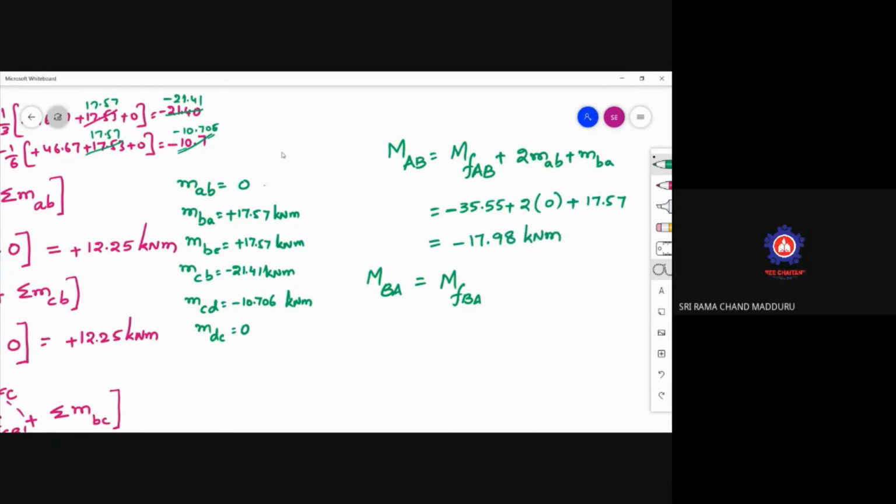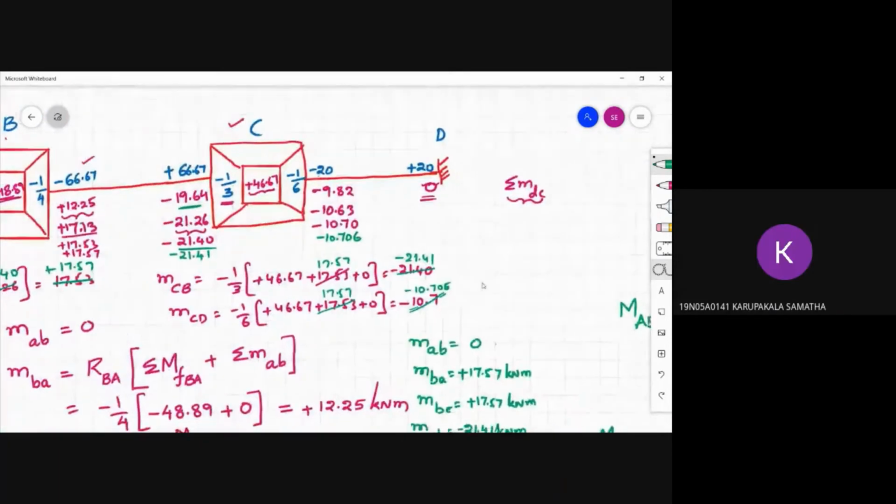And coming to MBA: MFBA plus MAB plus 2MBA. So which is plus 17.57 plus 0. What is the value of MFBA? 17.78.